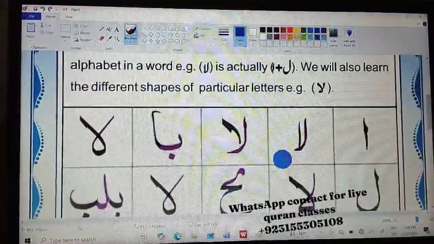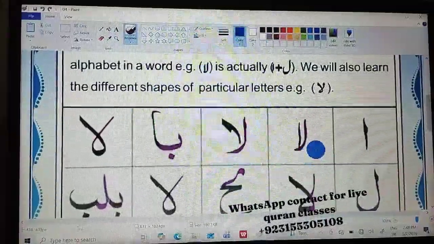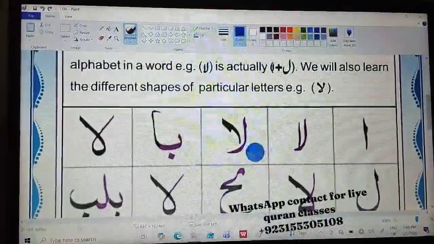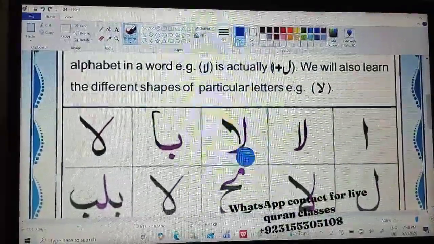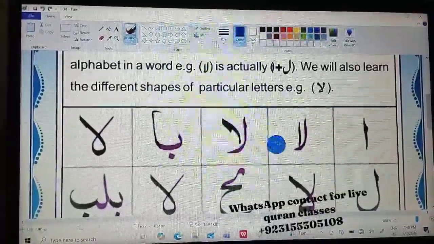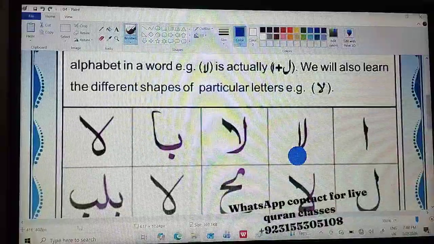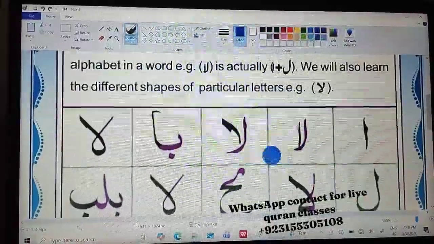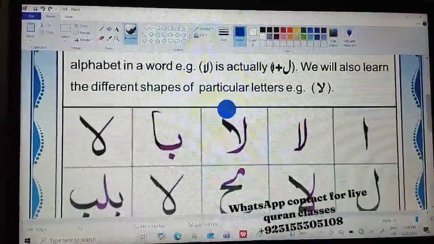We read this letter Lam Alif, and this one is also Lam Alif. So you see, one shape of Lam Alif is this one, and another shape of Lam Alif is this one.